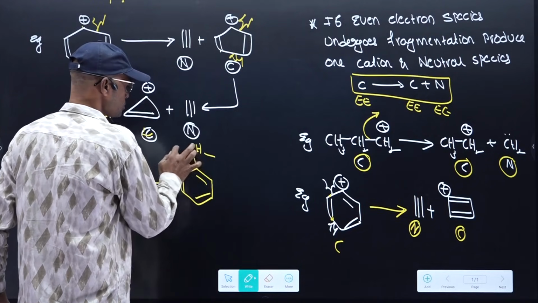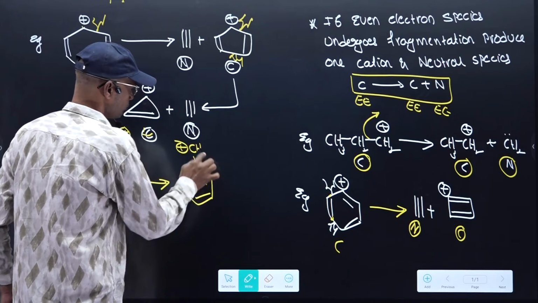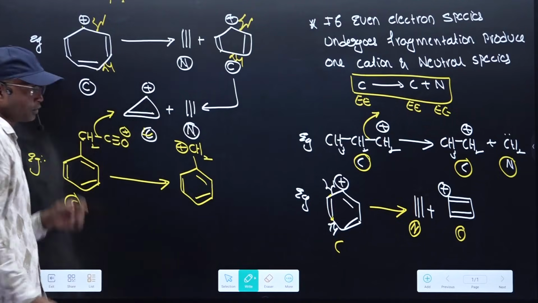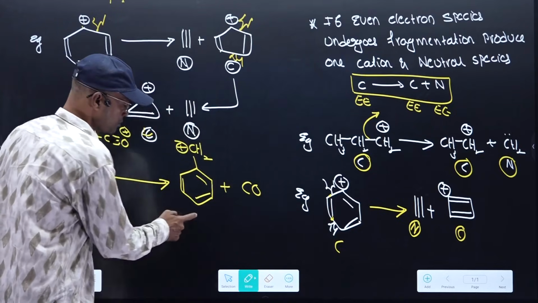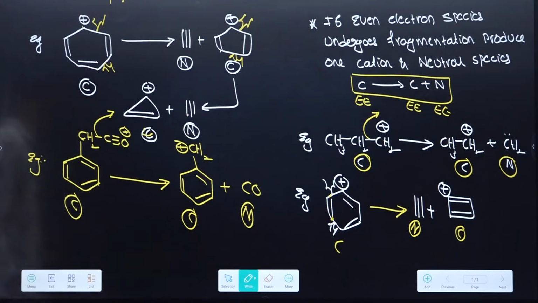CH2 is removed in terms of cation, and what about CO? CO is removed in terms of neutral. Now this becomes a cation, and what about this? This becomes a neutral. That's it. Decarbonylation, loss of carbon monoxide.